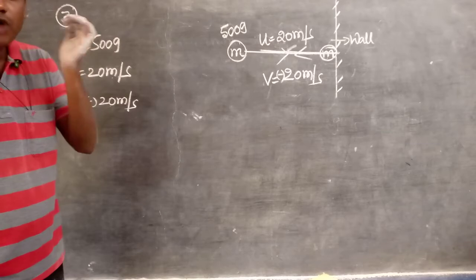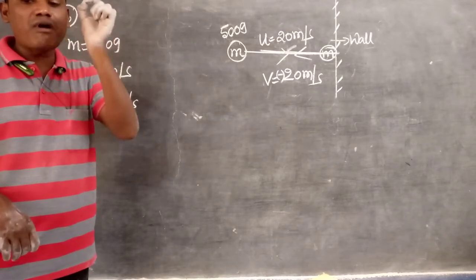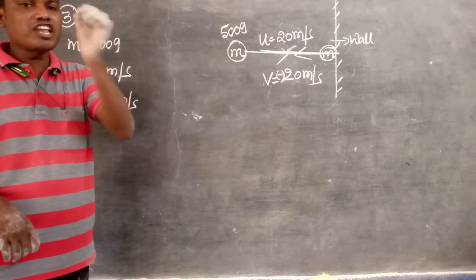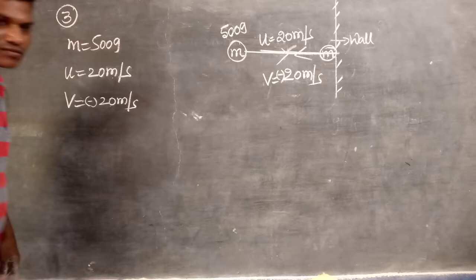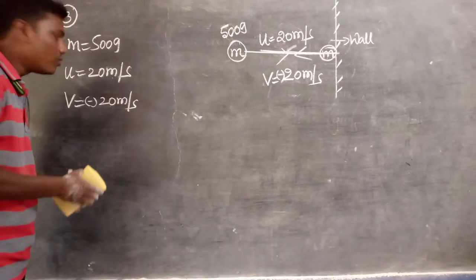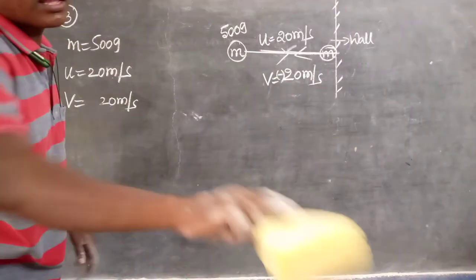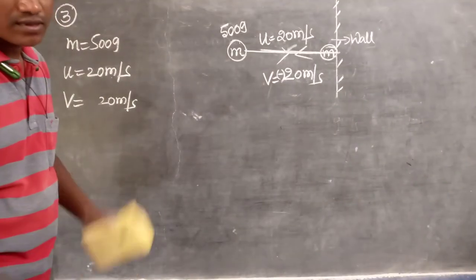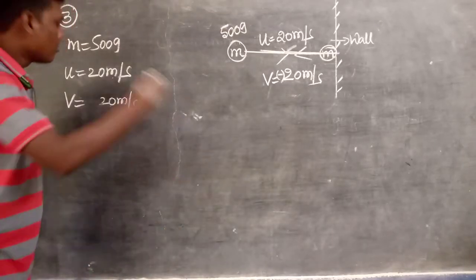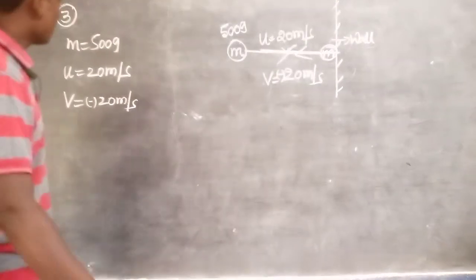But according to our concept, they ask to find the magnitude of the change in momentum, so you do not consider the minus. You find only the change in magnitude. Are you understanding? Okay, I will take 20, and minus 20 I consider finally. Now come to that.